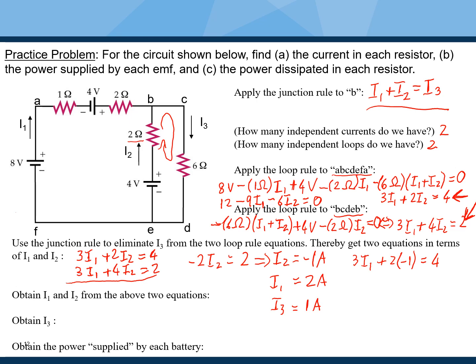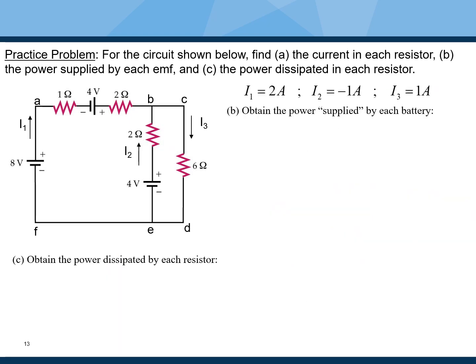So with this understanding, let's go ahead and focus on parts B and C of this problem, which essentially deal with the amount of power flowing in the batteries and the amount of power flowing in all the resistors of this problem. So that's what we're going to focus on in the next transparency. Notice that we've brought over our values of I1, I2, and I3.